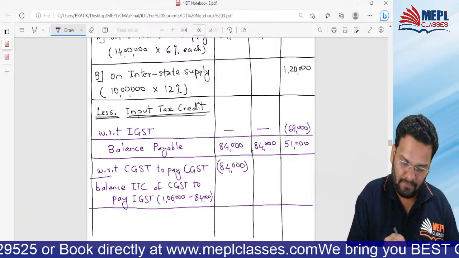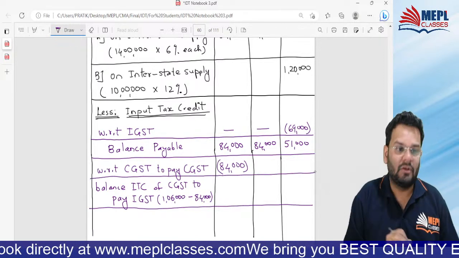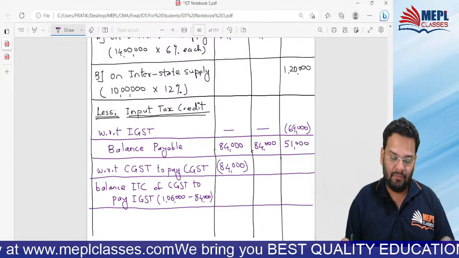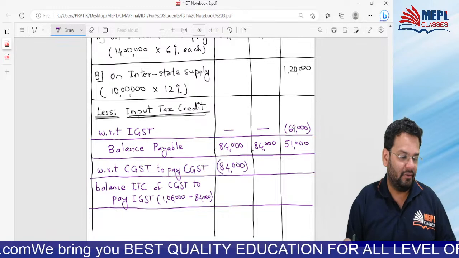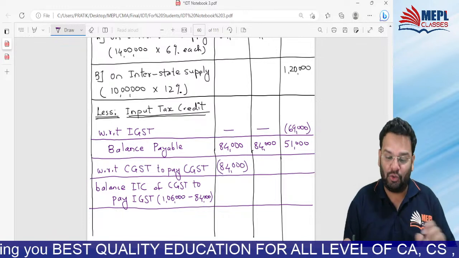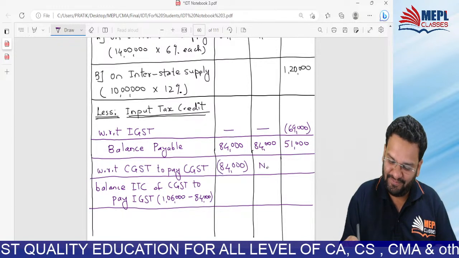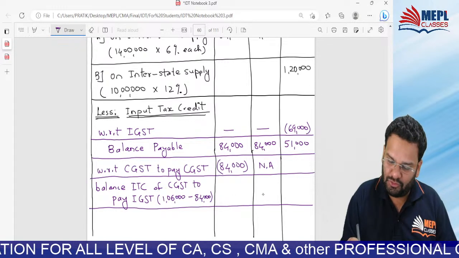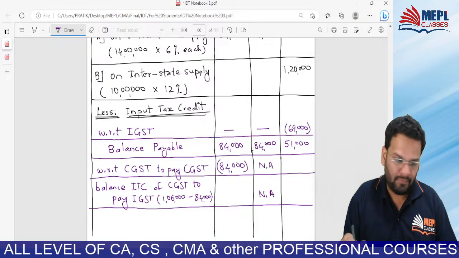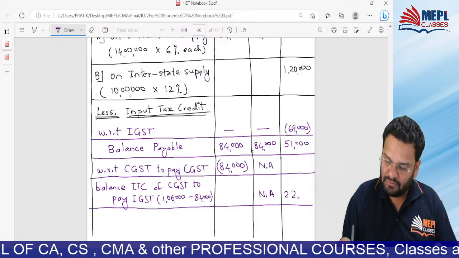So how much is the balance? Check whether balance is 22,000. So please use 22,000.